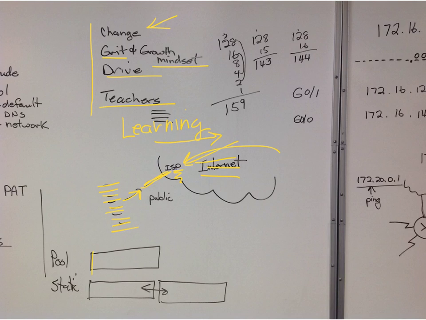So in NAT we can also have a pool of addresses we pick from for NAT, or we can do it static. We can connect one address to another address. This could be the public address, this could be the inside address.